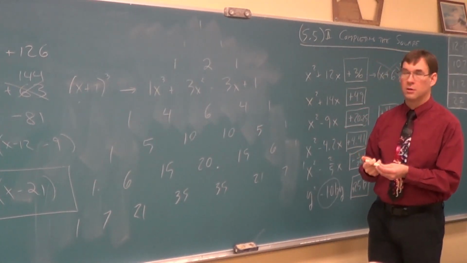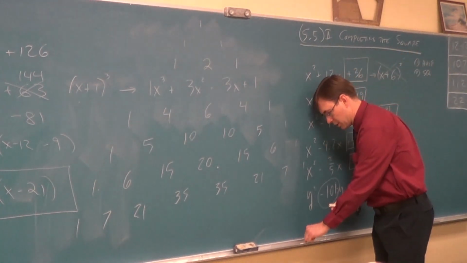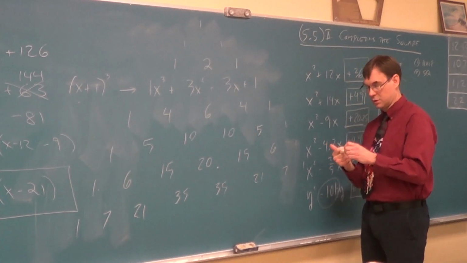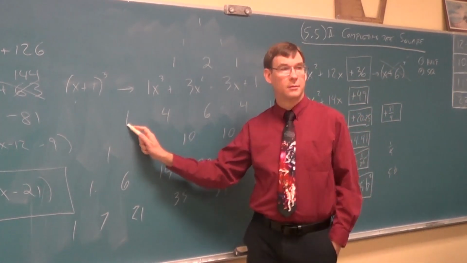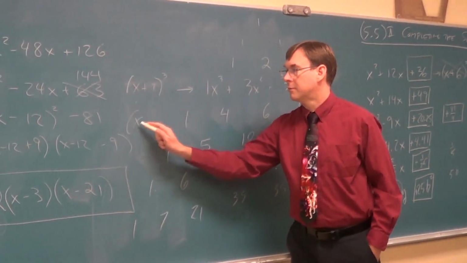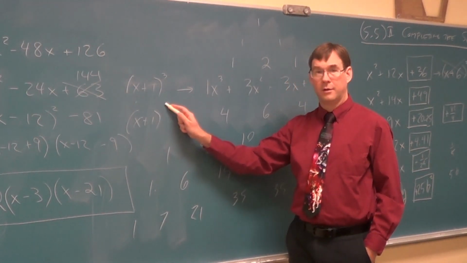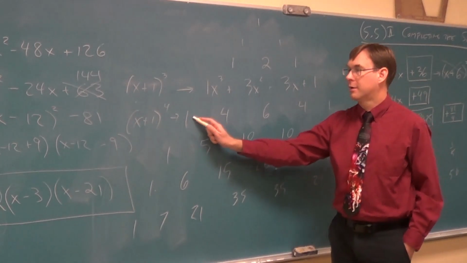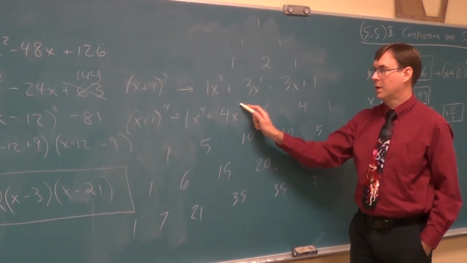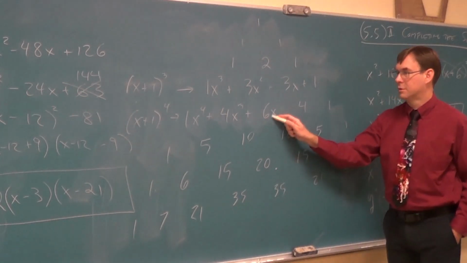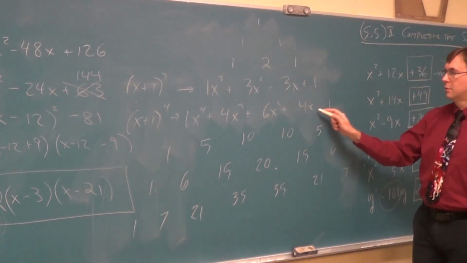Just go in descending order with those numbers as my coefficients. So what do you think this level could do for me? x plus 1 to the 4th would make x to the 4th plus 4x cubed plus 6x squared plus 4x plus 1.